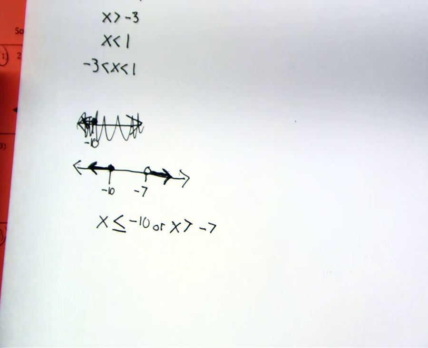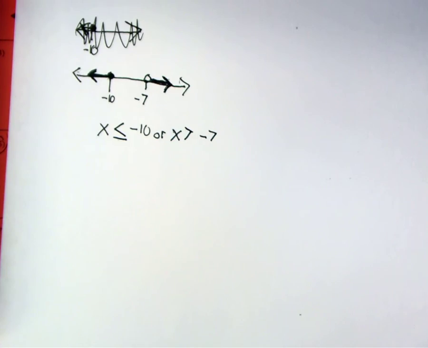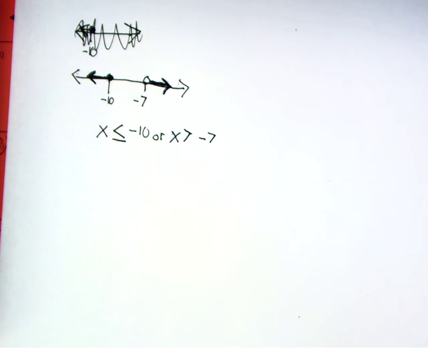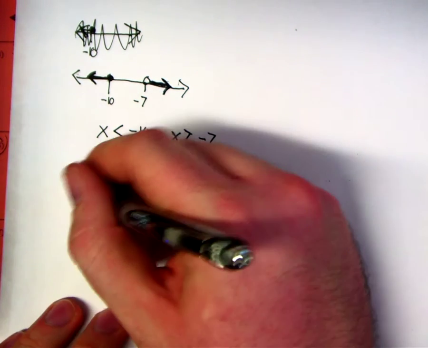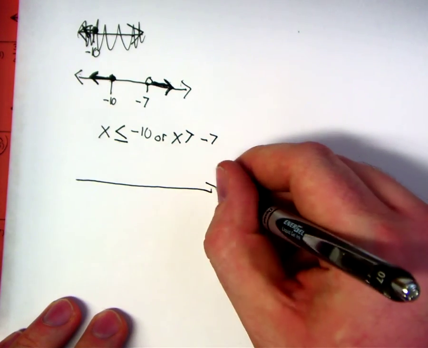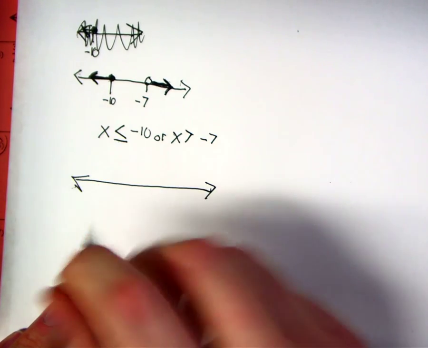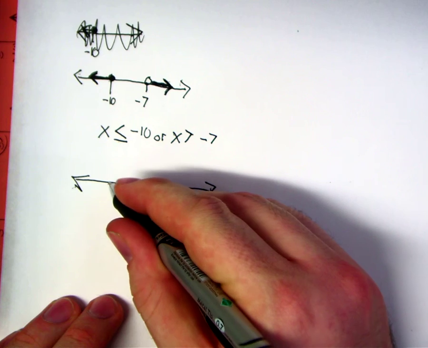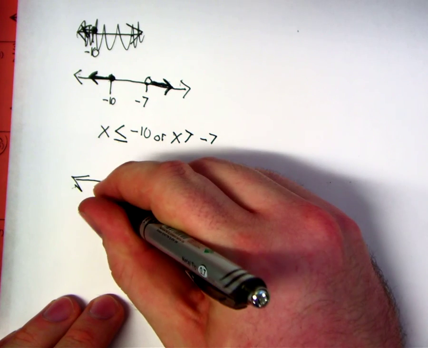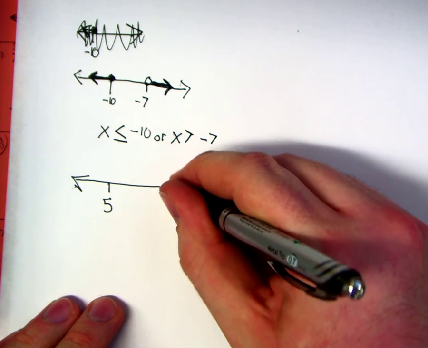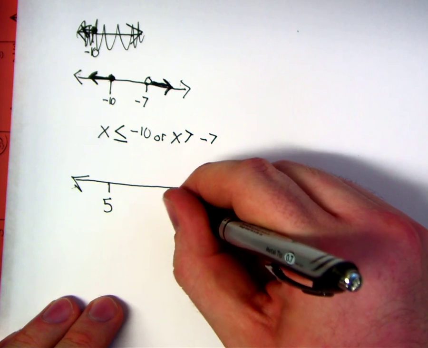Alright, so that one was dandy. Let's give one more a shot here. Make it 3, and then we'll call it good. Let's go for a number line like so. And we'll put our point 5 here. And our point 16 there.